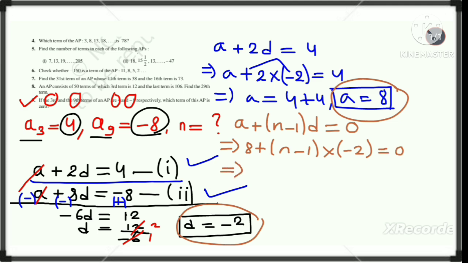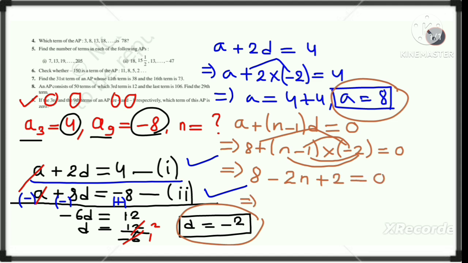Now 8, and here plus into minus, minus 2 into n, minus 2n. Similarly minus into minus plus, 2 ones are 2, equal to 0.